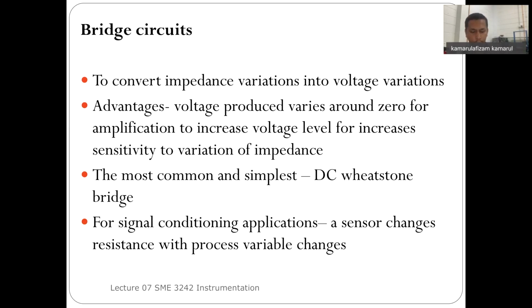In most cases, we have sensors working to produce changes in terms of impedance or resistance. You put a sensor into some environmental setting, and you want to measure some parameters, for example temperature, humidity, speed, pressure, and many others.